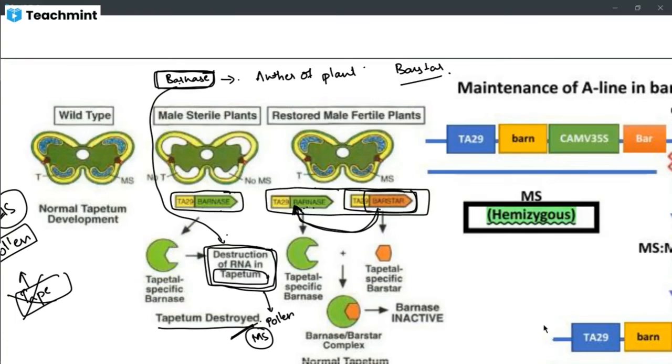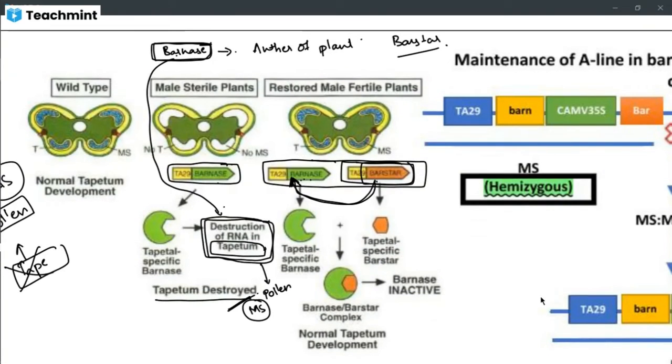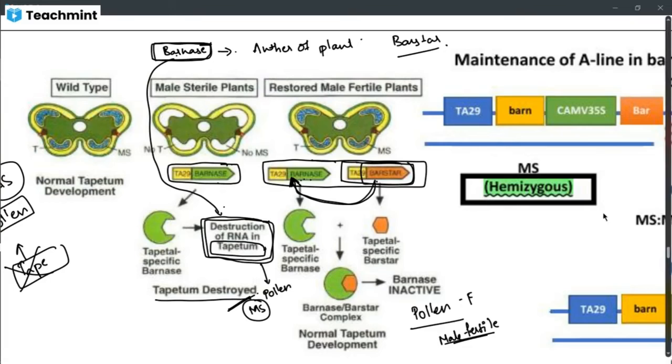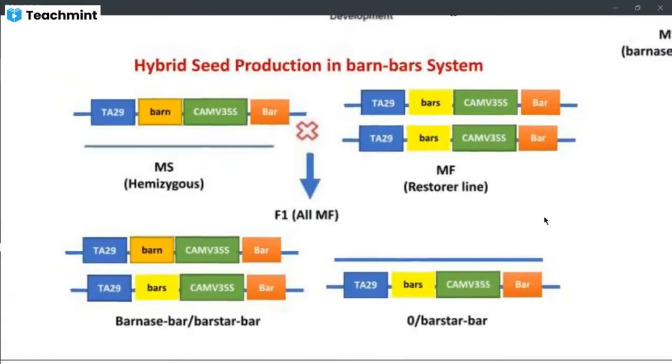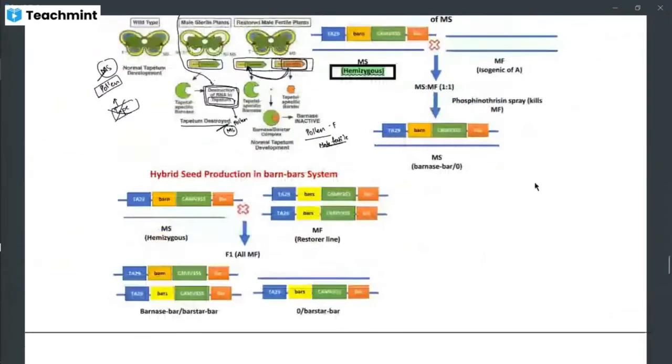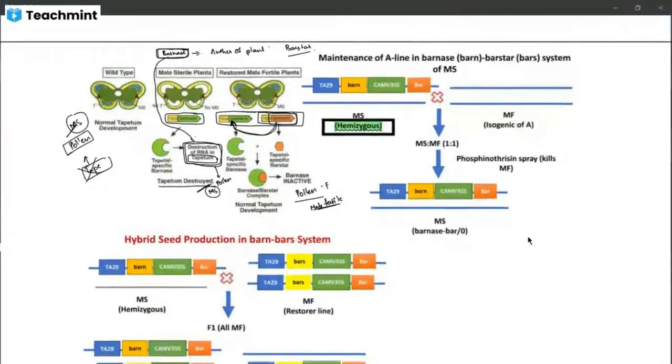The tapetum is good, so the pollen grains get nourishment, and ultimately the pollen will be functional and male fertile. Right? Is it okay? Yes, sir.